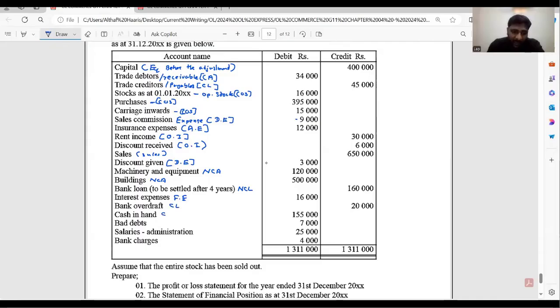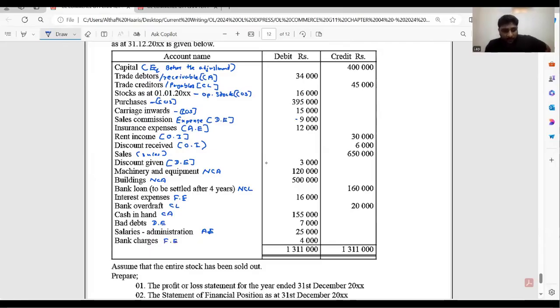Cash in hand, current asset. Bad debt connected with the customers, again distribution expense. Salaries of admin staff, administration expense. Bank charges, finance expense.